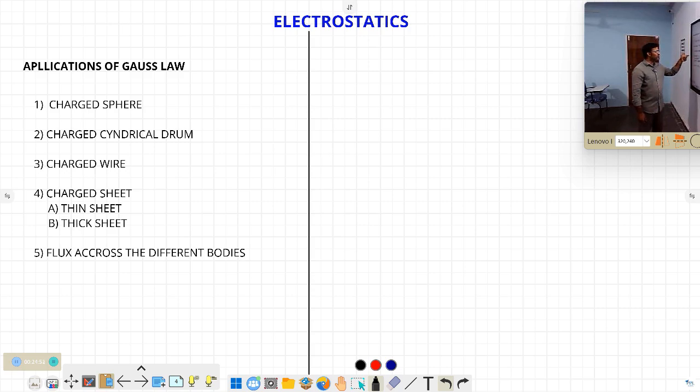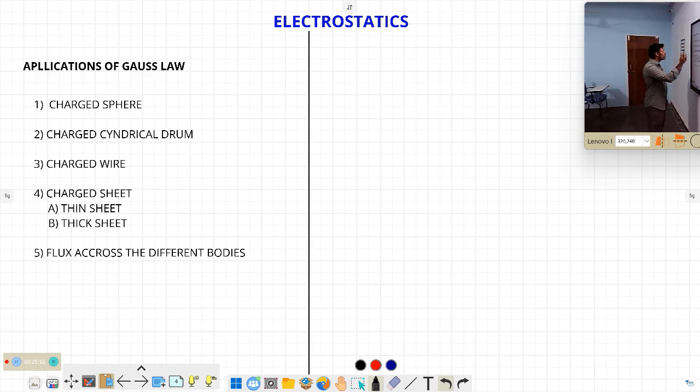There are two types of sheets: thin sheet and thick sheet. And last, we are going to discuss flux across different bodies, like a hemisphere and cubical bodies, according to the position of the charge.